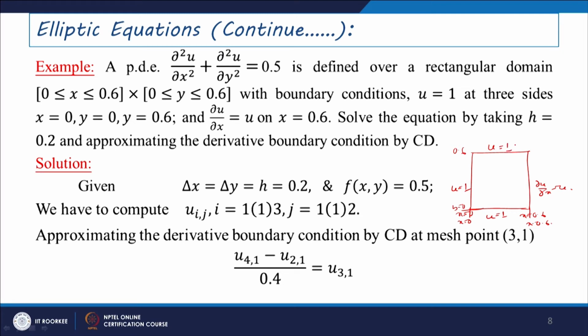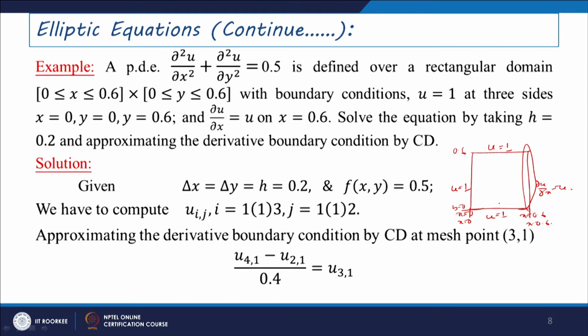Since the derivative boundary condition is given along x equals 0.6, at the last boundary we consider the central difference approximation, with h equals 0.2. We move like 0, 0.2, then 0.4 and 0.6, and we have to consider one fictitious cell here, which is one more extra point. j will vary from 1 to only 2, since the first boundary is 0 here.